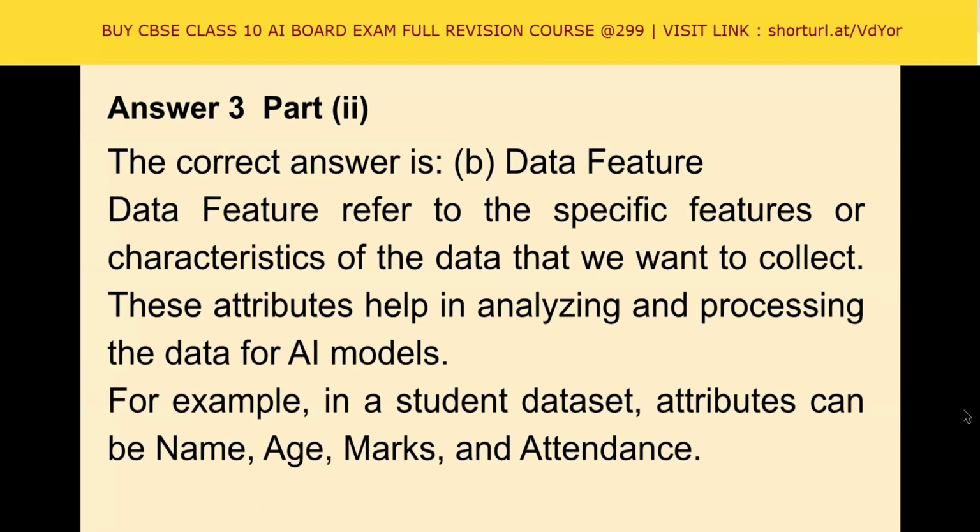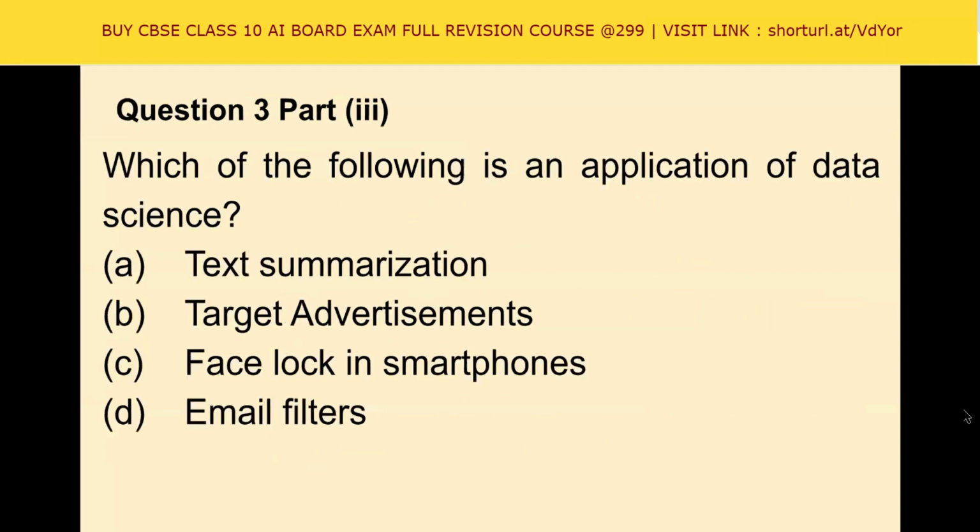In data, we want certain characteristics or attributes. For example, a teacher has to get some data to know the marks and the attendance, so he is going to store the name, marks, attendance. So these are the features of that particular data. Data features will depend on what kind of information we need to collect.